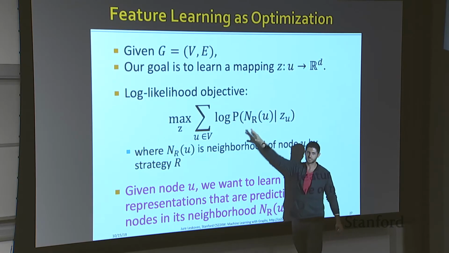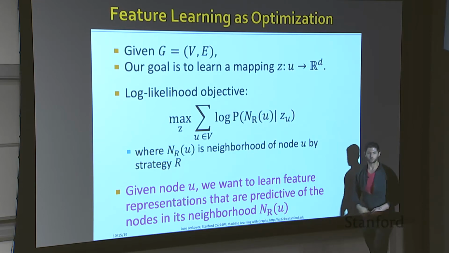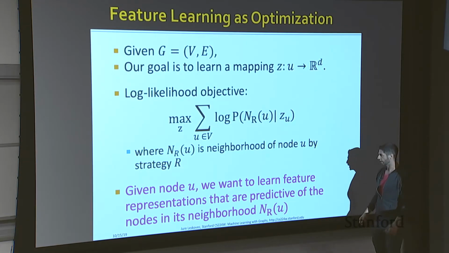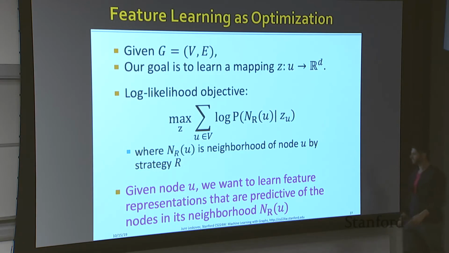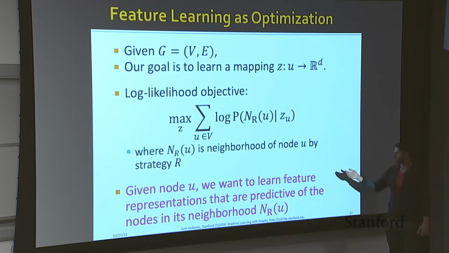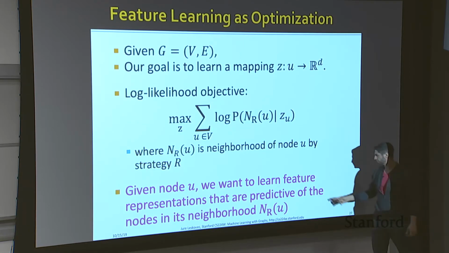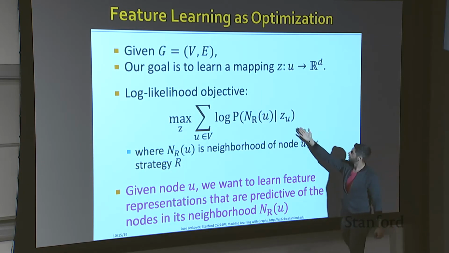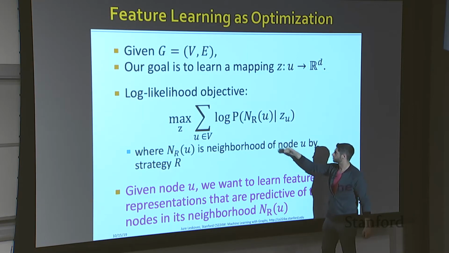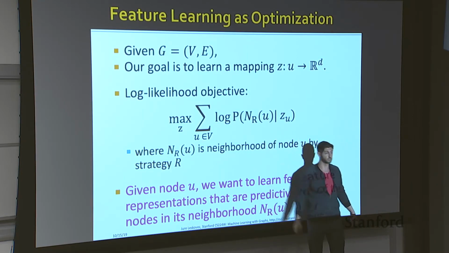We just use them to make sure that we're able to converge to the optimal solution. Now that we clarified this, the goal of our objective function is to help us learn feature representations that are predictive of the nodes in their neighborhood. So we get the feature representation of U, and this feature representation is going to be predictive of what the neighborhood of that node is.